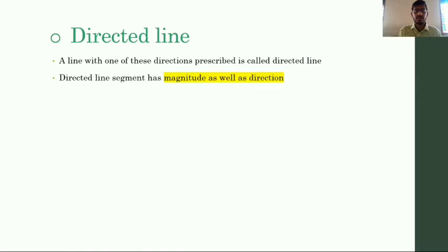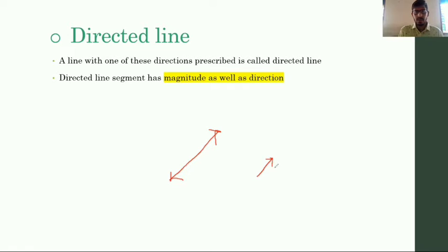Next, directed line. A line with one of its directions prescribed is called a directed line. Suppose there is one straight line. Now we have to draw one line segment from the line, and indicate the arrow.